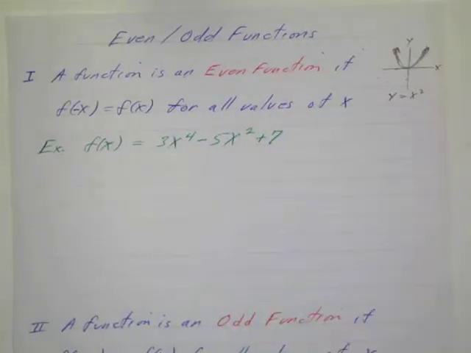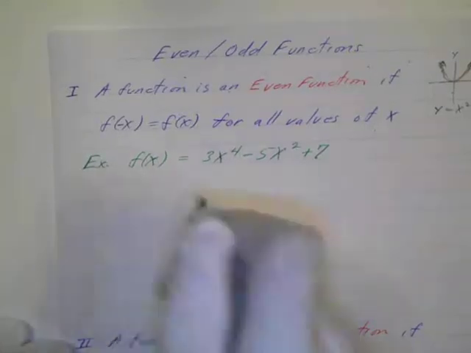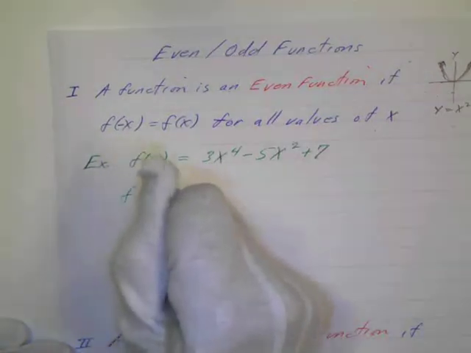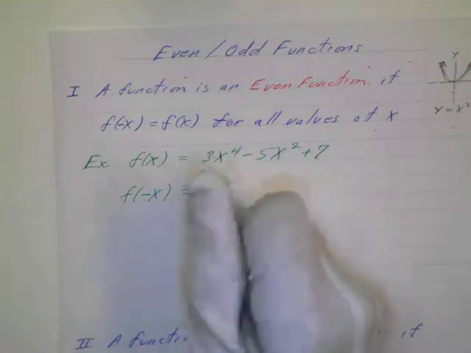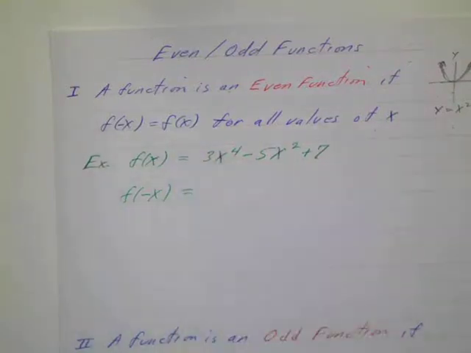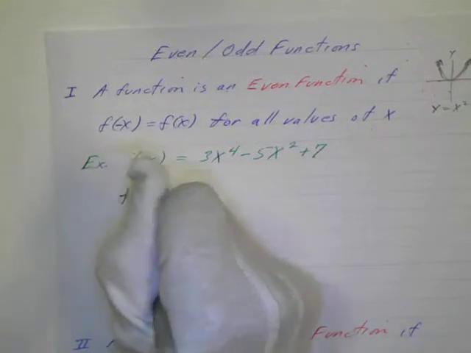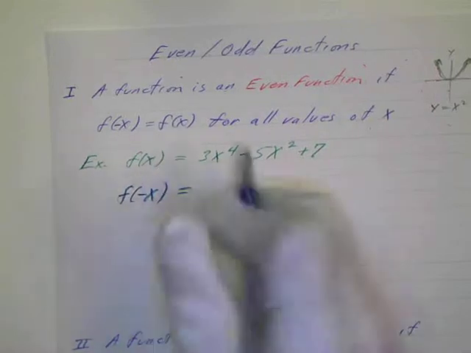Okay, so let's use this definition. What we're going to do is try to find f of negative x. Every time I see an x, I'm going to put a negative x.